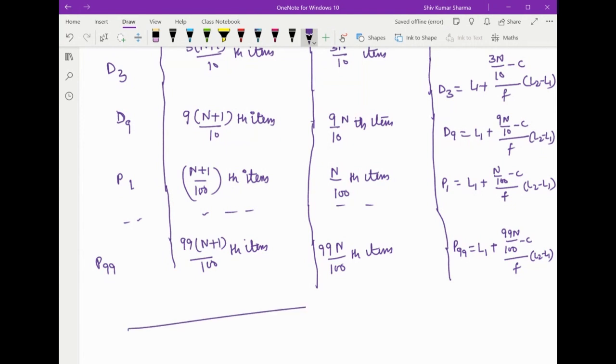So these are the formulas you have to remember, so we can solve problems directly. While calculating Bowley's coefficient of skewness, just remember the formula. Okay, so we take the problems related to Bowley's coefficient of skewness.